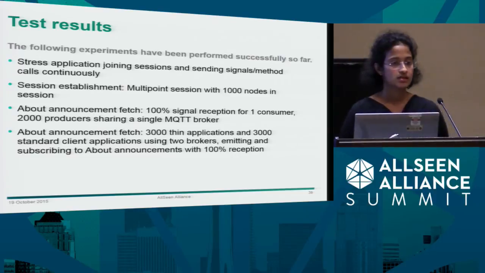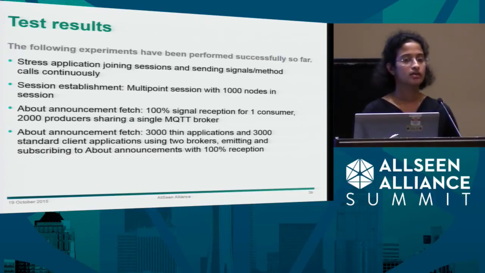The other use case we did was to have 3,000 thin applications and 3,000 standard applications connect to two brokers. So 1,500 of them would connect to broker one, 1,500 would connect to the other one, and configure the brokers to forward messages over the appropriate topics.